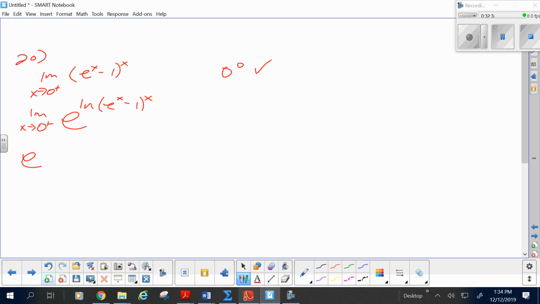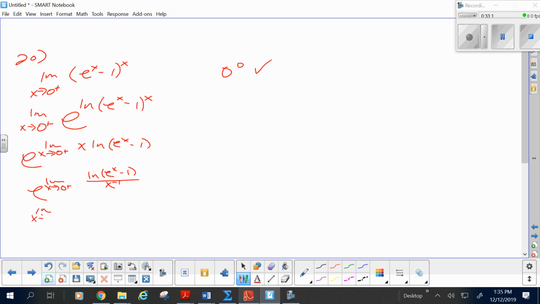Second step, I typically pull the e out front and just focus on what the exponent does, and e it later, and the exponent can come down. Very cool so far. Then, just so we're clear, this is indeterminate. This is 0 times negative infinity, so that's an indeterminate form. I need to make it a quotient. I don't want to make it a quotient because that means now I need x to the negative first in the denominator, but it is what it is.